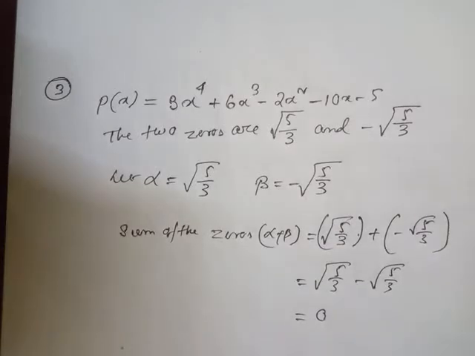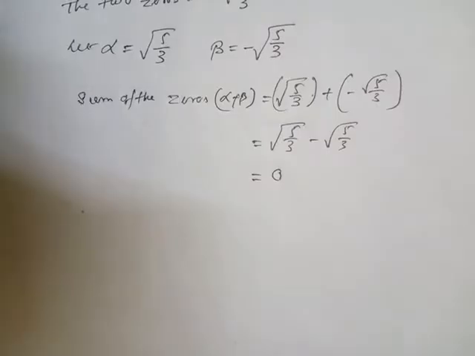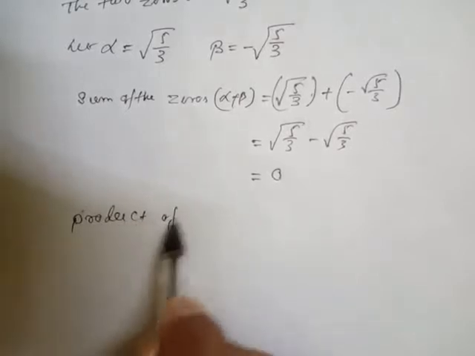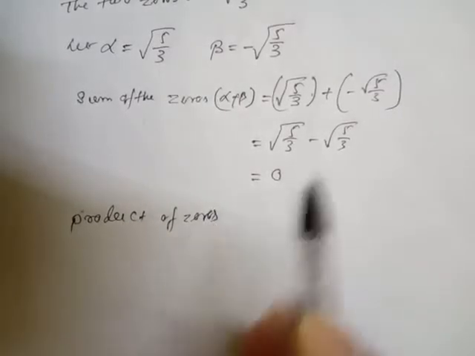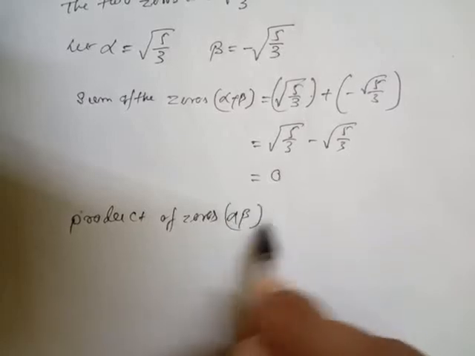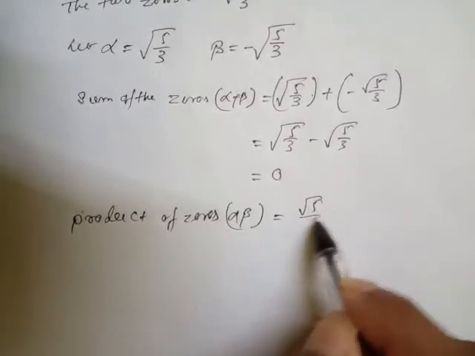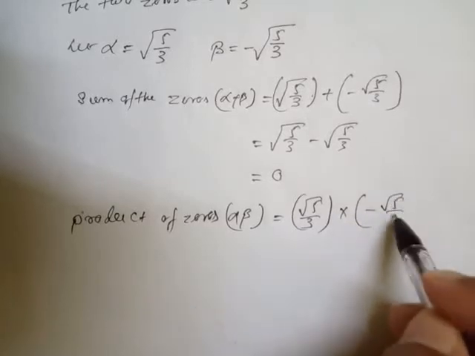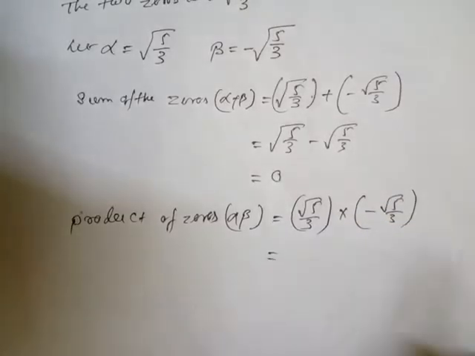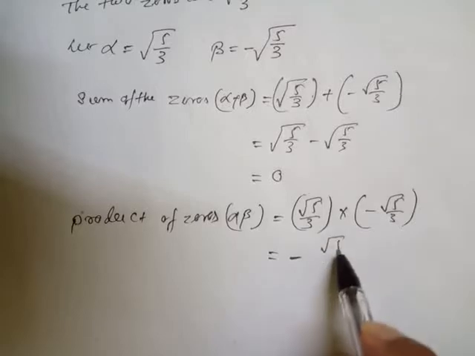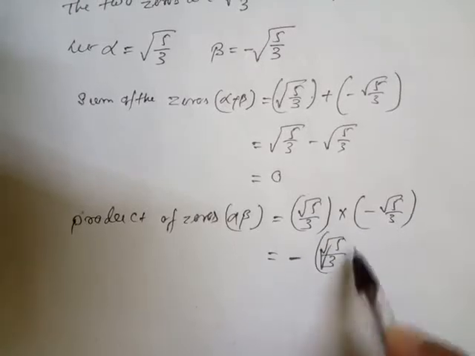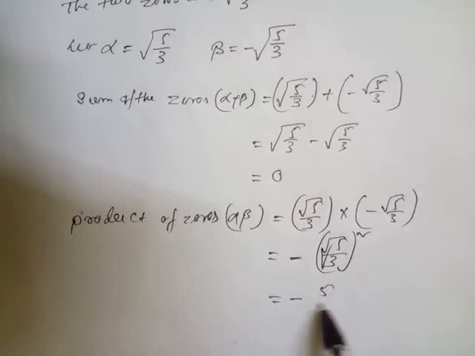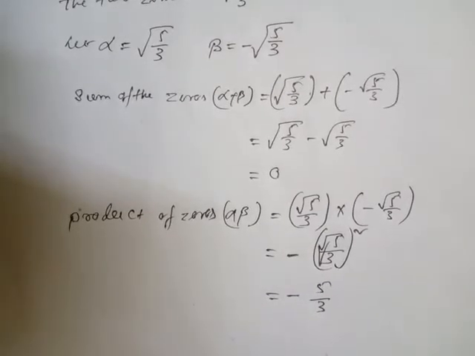Now after that, product of zeros, which means alpha into beta. So there is root over 5 by 3 into minus root over 5 by 3. If I go for the multiplication here, minus will be here and root over 5 by 3 whole square. Now square root cancels, so the answer is minus 5 by 3. This is the product of the zeros.